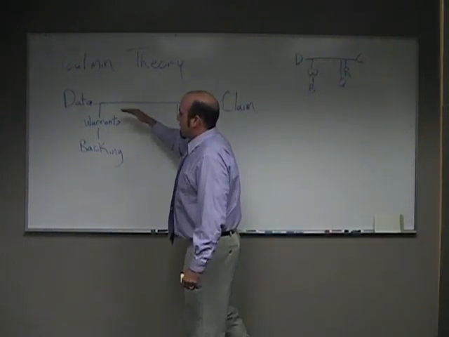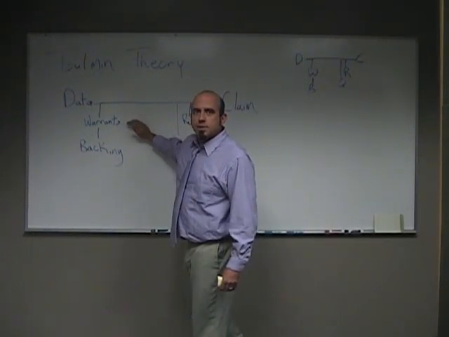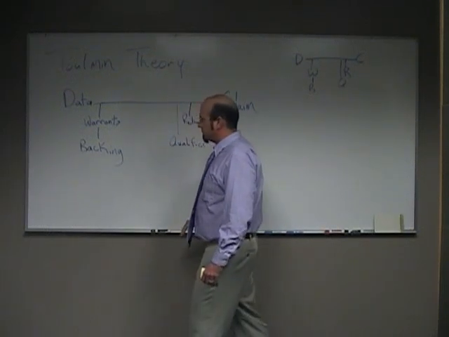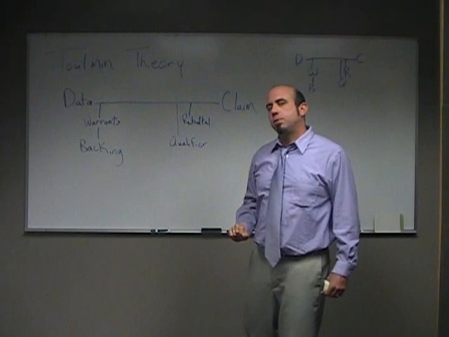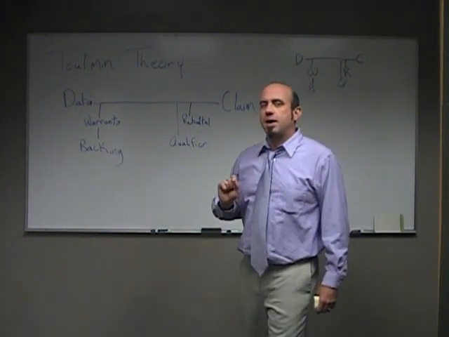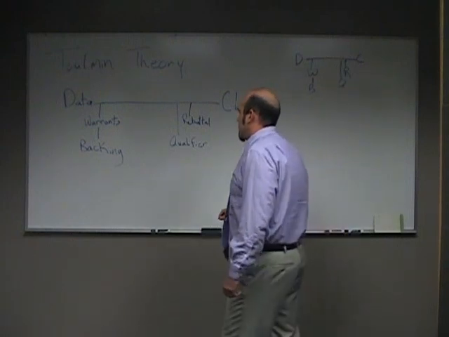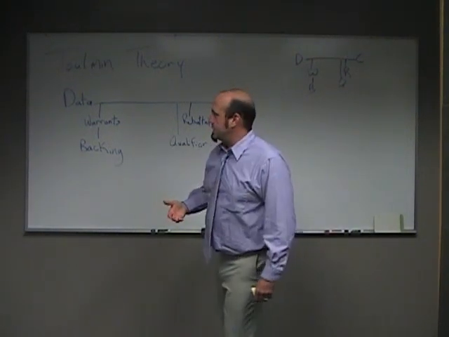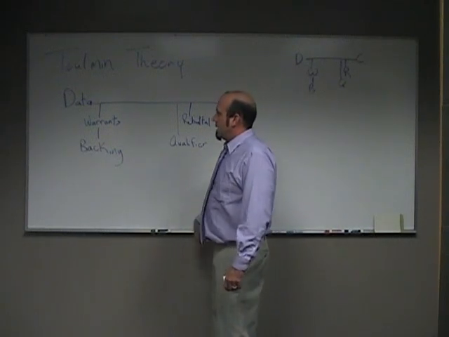Every argument has warrants. Another word for warrants is assumptions. And that's the most complex part of any argument, is identifying your assumptions, both within your argument and when you're analyzing an argument, finding those assumptions.